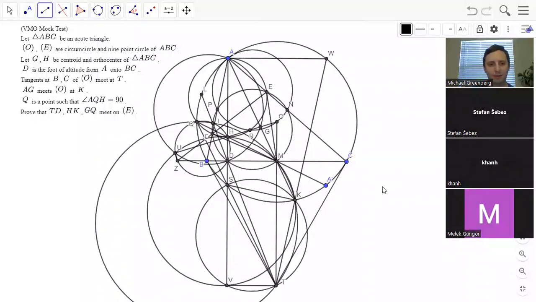Now invert at H with that power I said before, HA times HD, with negative inversion. Correct. Then Z would invert to the Humpty point.